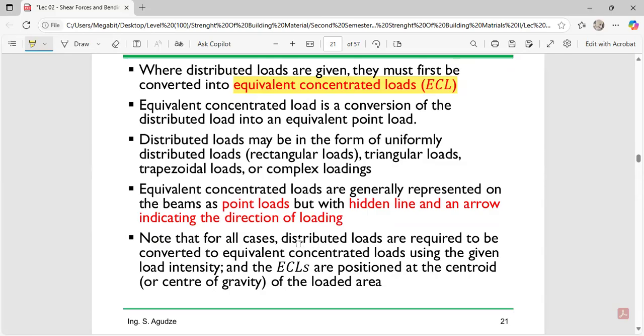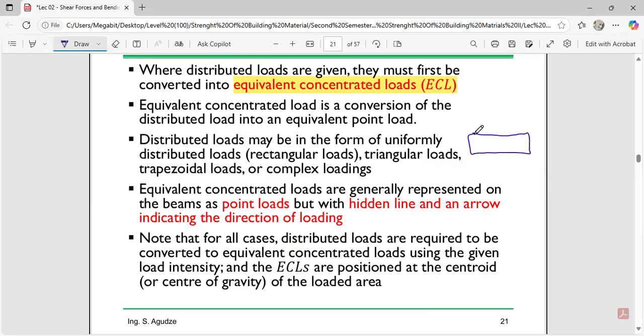Note that all distributed loads are required to be converted to equivalent concentrated load using the given load intensity, ECL, and the ECLs are positioned at the centroid, that is the center of gravity of the loaded area. Please note that if you meet a complex diagram in the question, the only distributed loads we spoke about are a rectangular load and a triangular load.